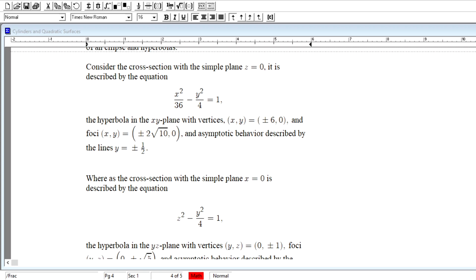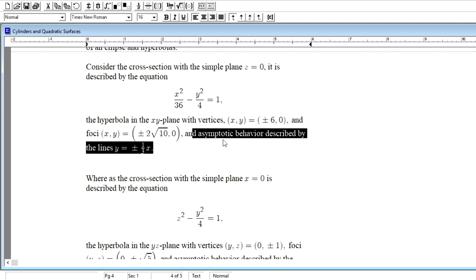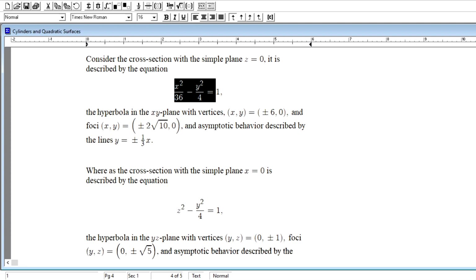We want to make sure we get these asymptotic descriptions in here, where in this case y is going to change by 2 and x is going to change by 6, which does simplify to 1/3 in value in its description. All right. So yeah, we do also have an asymptotic behavior that we want to take note of when noting on hyperbolas. All right. So that would be the description of the hyperbola in the xy plane.